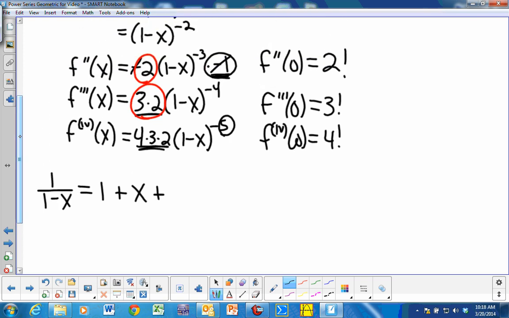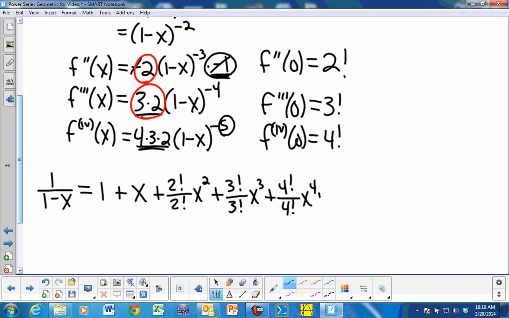Now we put the next coefficient, which is 2 factorial. We divide by 2 factorial, x squared, plus. Now we put the next coefficient, which was 3 factorial, over 3 factorial, x cubed. And then you'll have 4 factorial over 4 factorial, x to the 4th, etc.